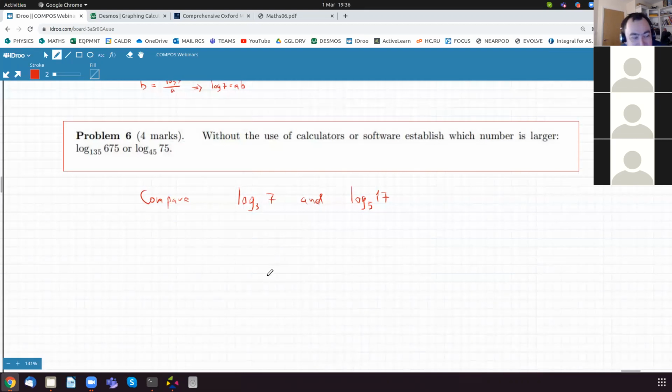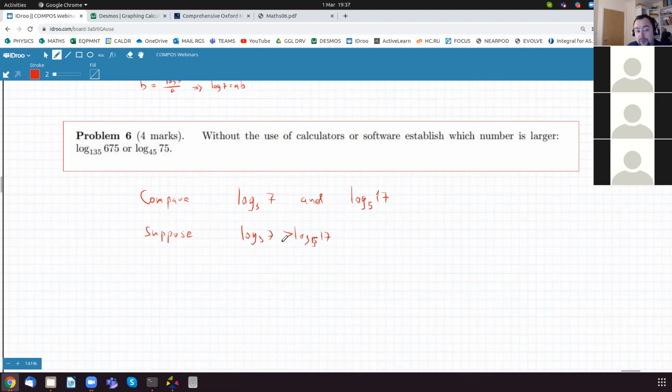So, I mean, this is slightly different, but what you need to do is the following. Suppose log 7 base 3 is greater than log 17 base 5. I'm going to suppose that.